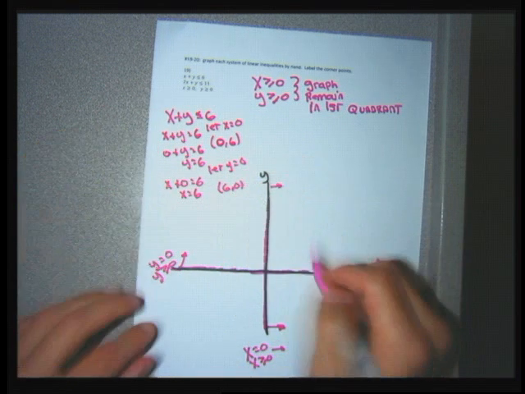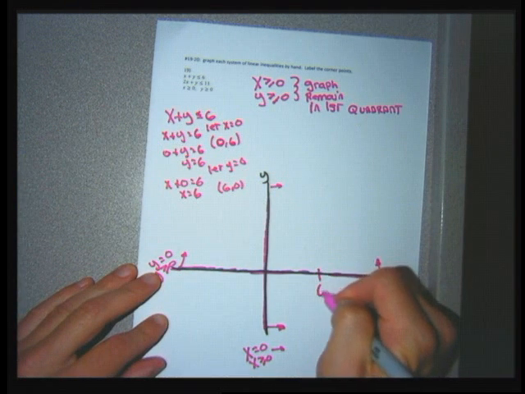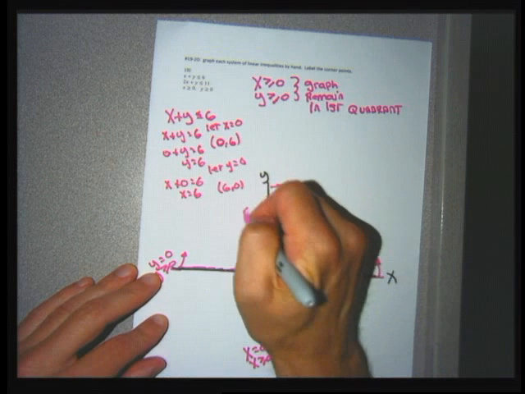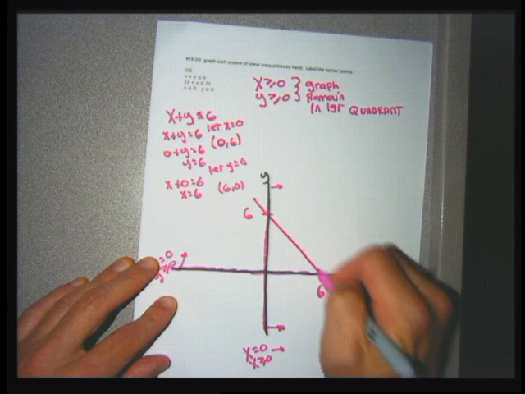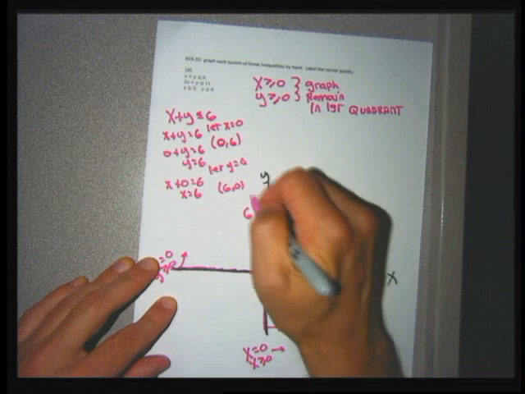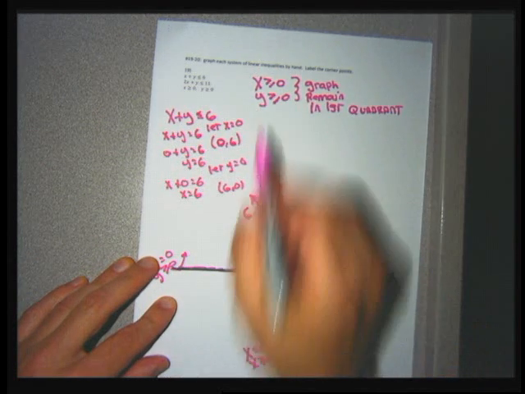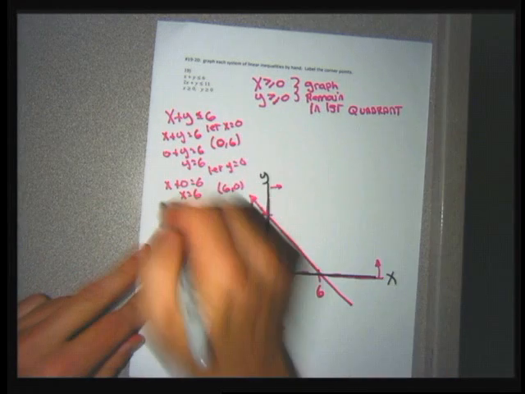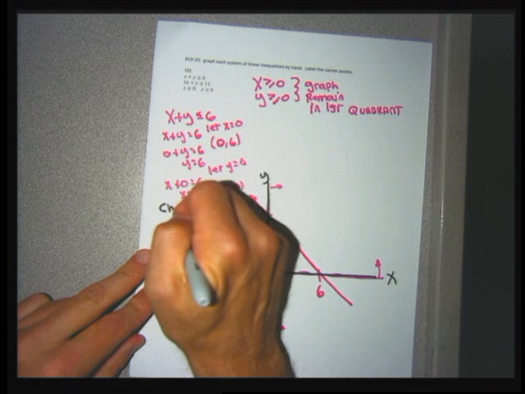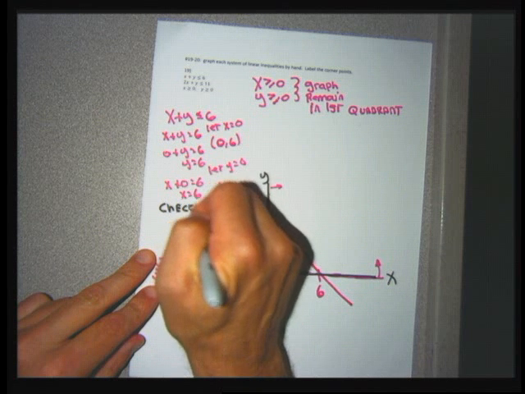So for the graphing part of this, I need to find 6 on the x-axis and 6 on the y-axis. I get a nice solid line because of the or equal to part. And then I need to check for shading. So for shading, I'm going to plug 0, 0 in. If I get a true statement, I'm going to shade over the 0, 0 and shade down.